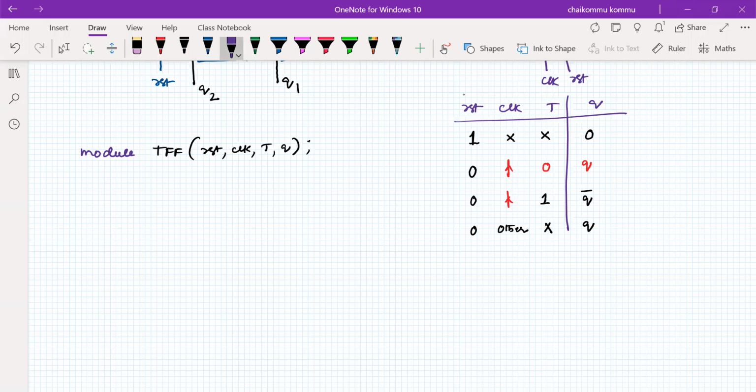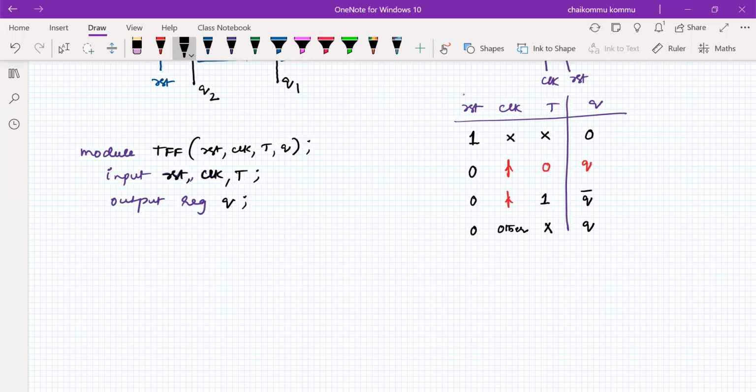So the inputs are RST and clock. Another input is T also, T is also 1 bit size. The output is Q, since I'm going to use a register, that is a Q value that I will write.